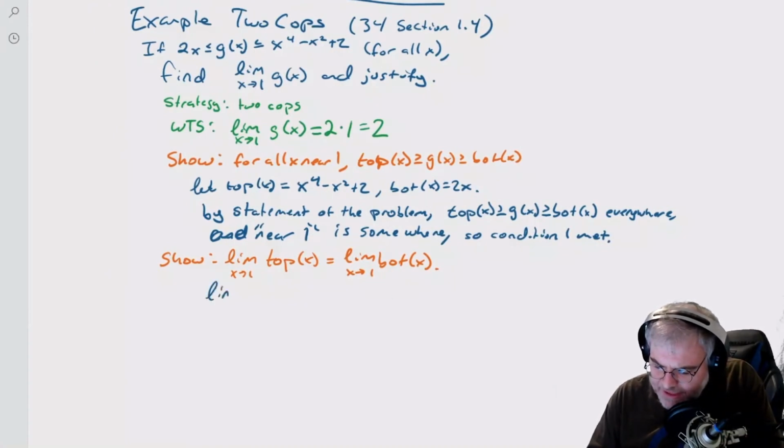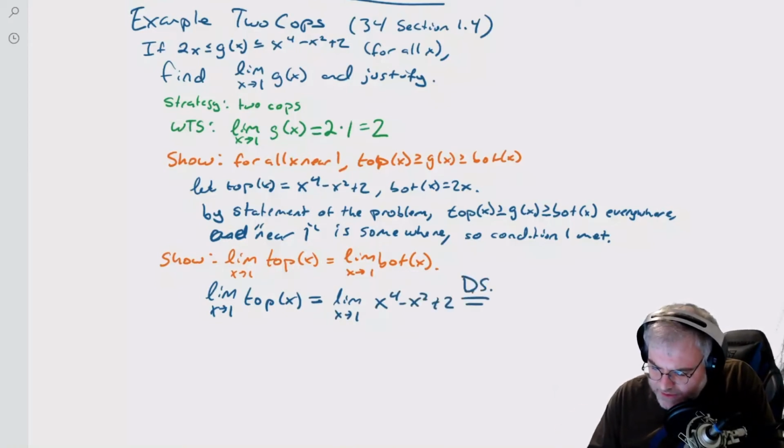So I got limit as x goes to 1 of top of x equals the limit as x goes to 1 of x to the 4th minus x squared plus 2 equals, by direct substitution on a polynomial. Again, if you say polynomial, you're just bragging. 1 minus 1 plus 2 is 2.